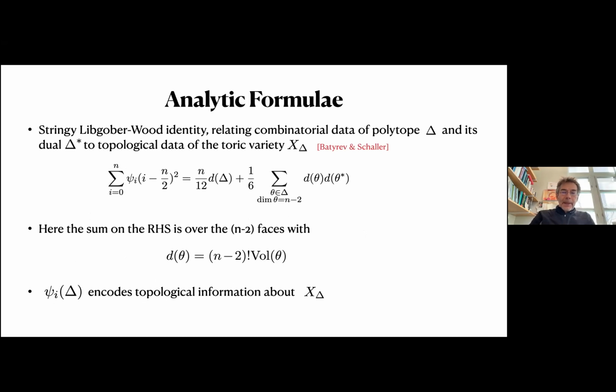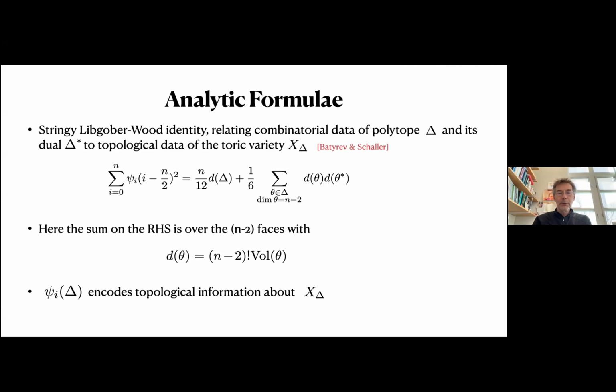There are different ways in which one can think about this, and in some ongoing work with Tristan Hübsch, soon to appear on the arXiv, we essentially rely on a result going back to Butler and Schaller from 2016-17, where they obtained a combinatorial expression for the data of the polytope.